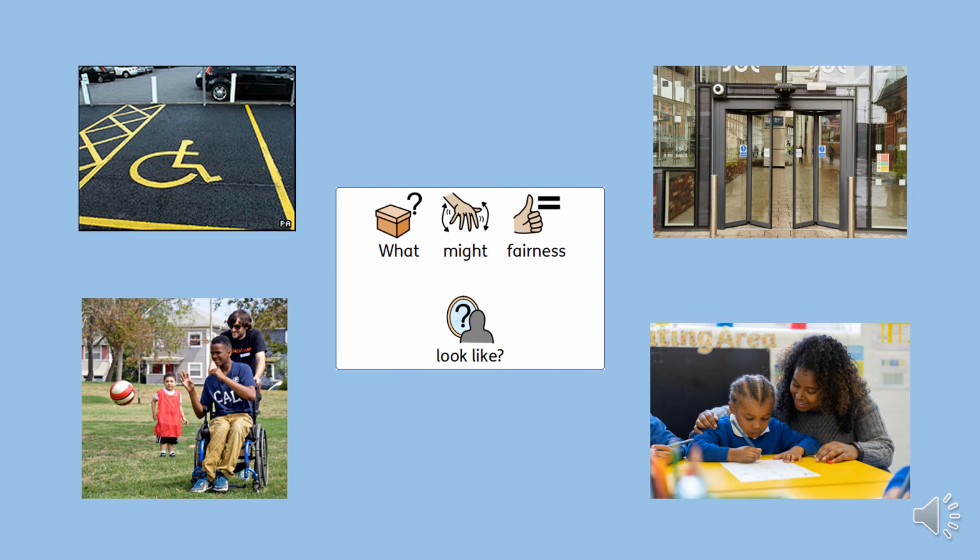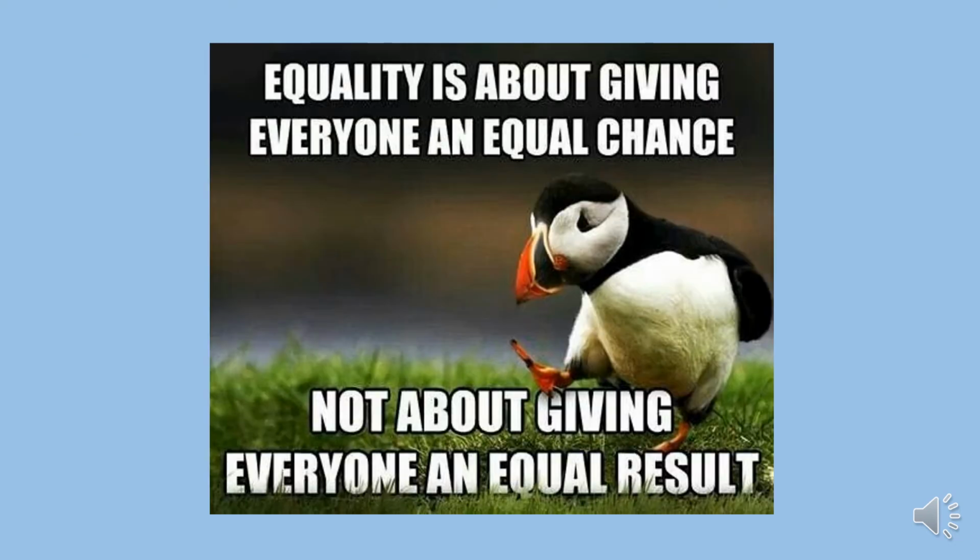Or it might be disabled parking spaces so that people can park closer to the shops to give everybody the same chance to use the shops. And that's just a few examples. See if you can think of any more. And remember, equality is about giving everyone an equal chance, not about giving everyone an equal result. So it means giving everybody the same chances to succeed, or the same chances to do something.